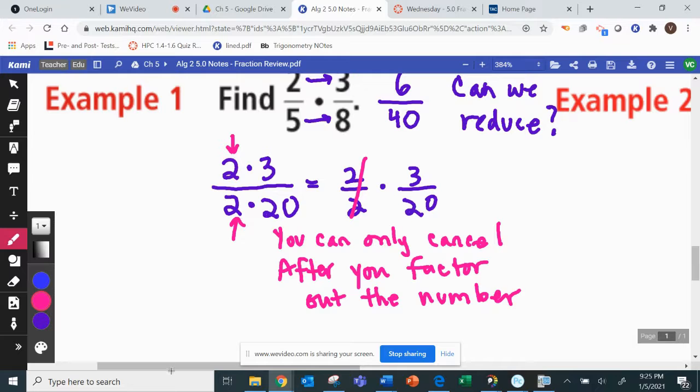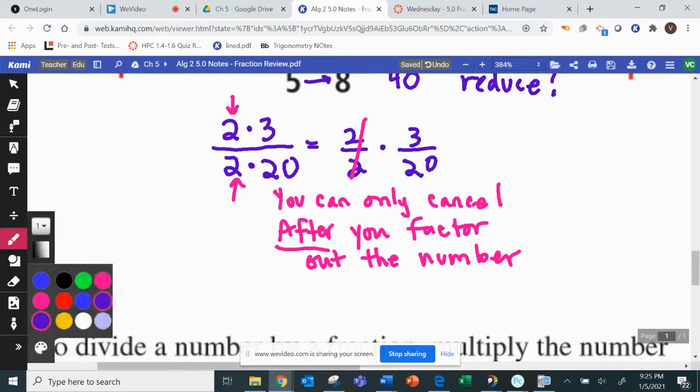You can only cancel after you factor out the number. So our final answer is going to be 3/20.